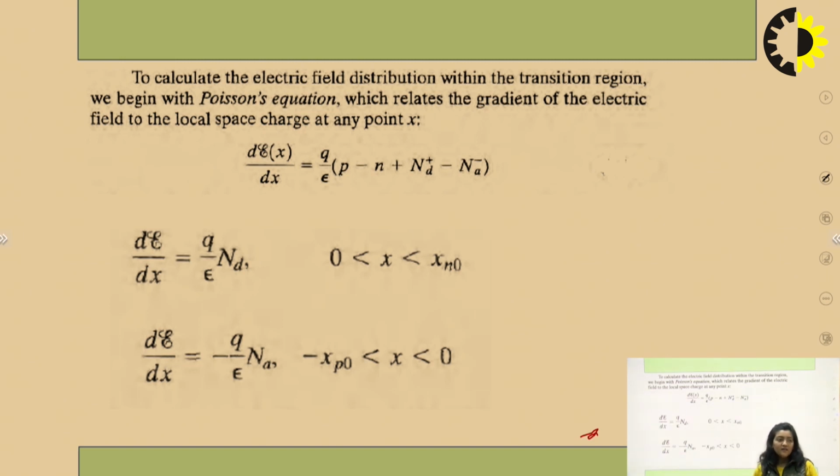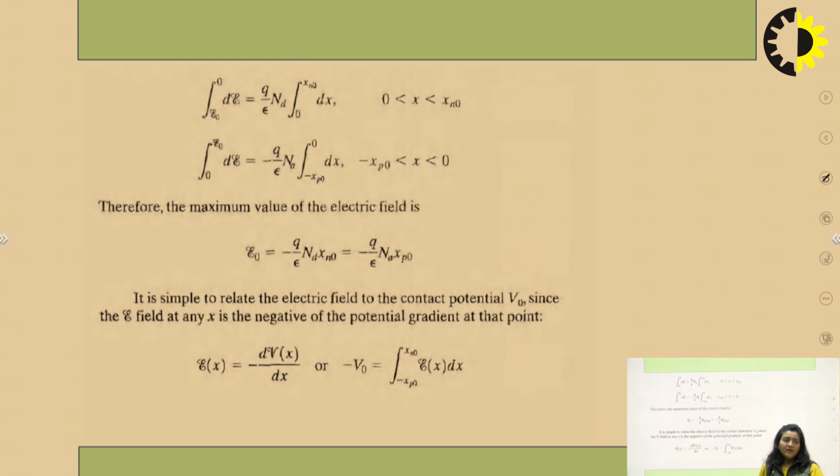This is for the N region and this is for the P region. For the P region, since we consider it negative, it will be minus q by epsilon into Na, and in the N region it will be q by epsilon into Nd.